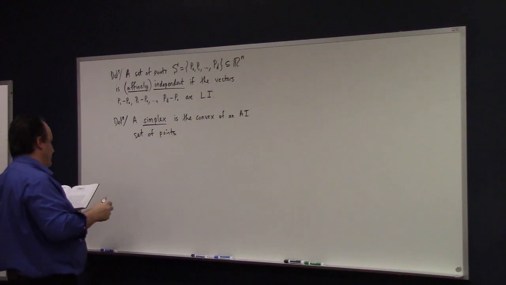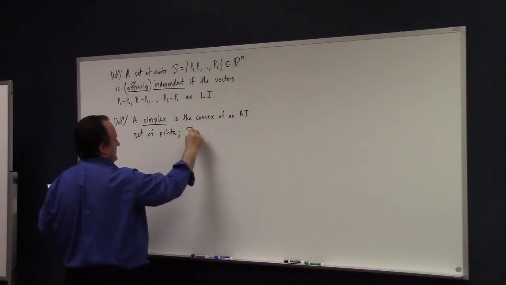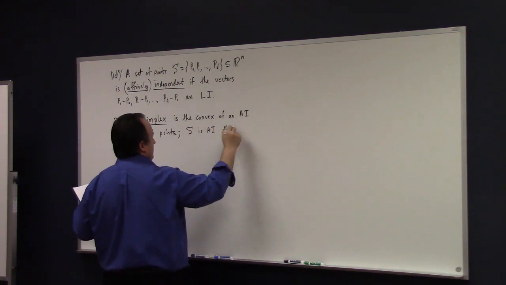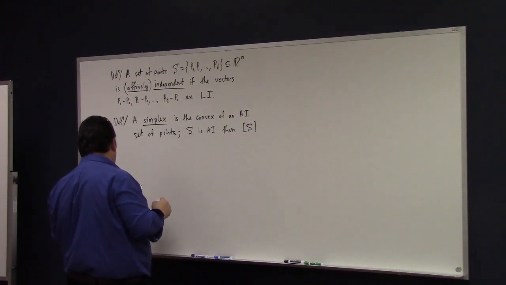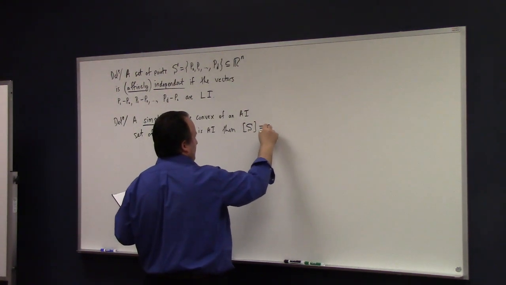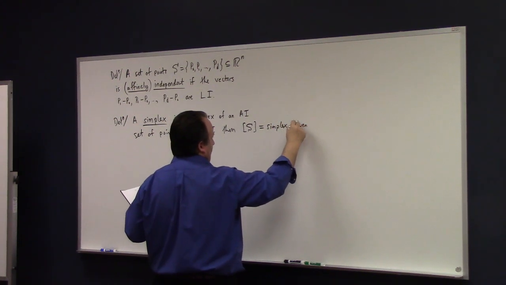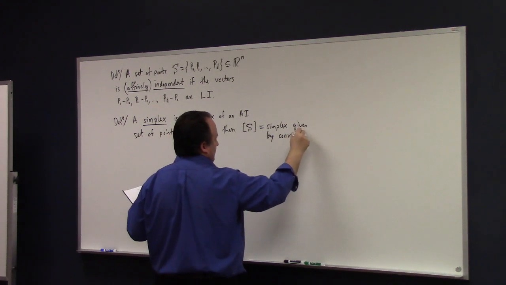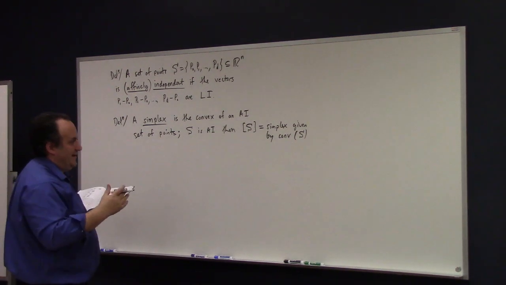And we have notation. If S is affinely independent, then this bracket S is going to be the convex hull, the simplex determined by S. So this is notation for conv. He's introducing now notation. Instead of writing conv S, he's writing brackets S. All right.